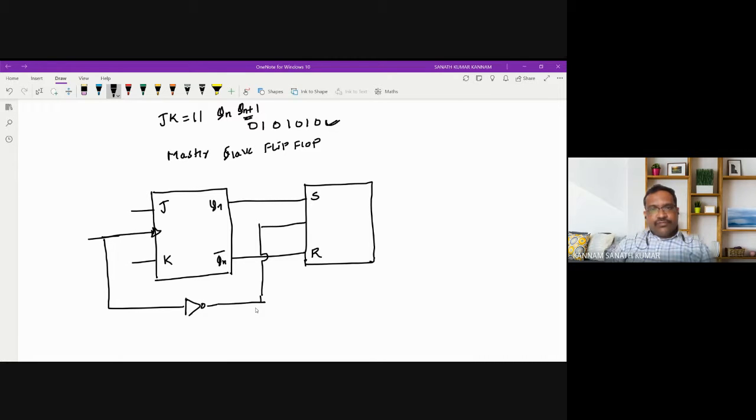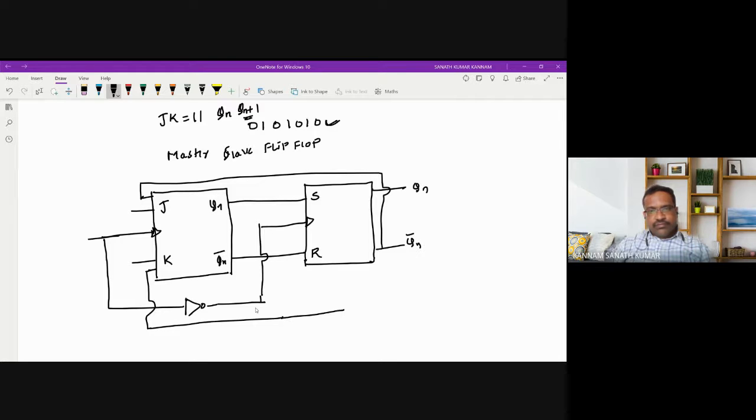And one more thing, here you have Qn and Qn bar. Like the JK flip flop, one input J is connected to Qn bar and another input K is connected to Qn, same as the JK flip flop.